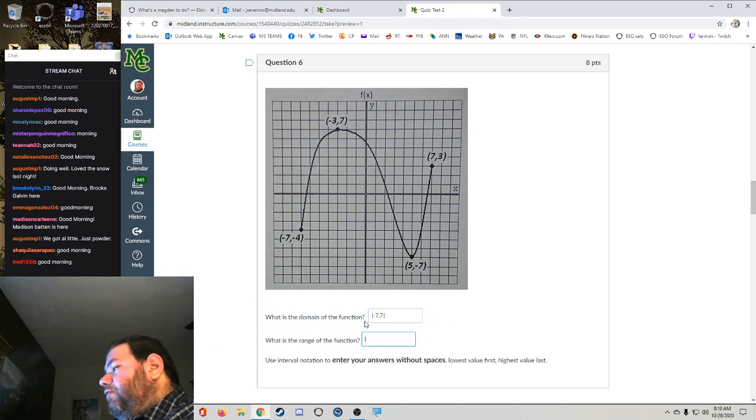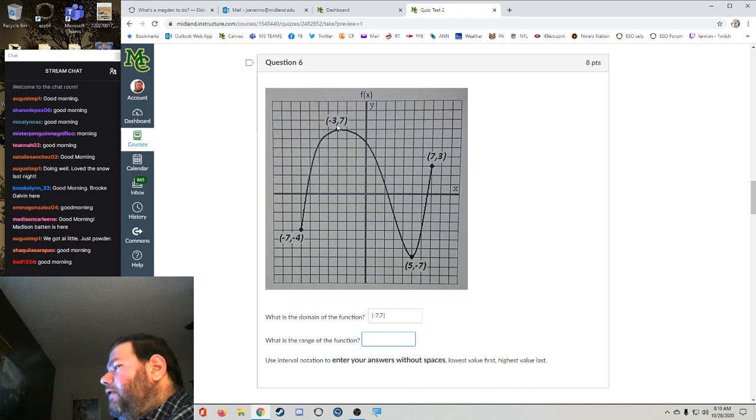Now the range, we look at the lowest y value and the highest y value. The people that got this question incorrect were still looking at these same two coordinates of the endpoints. I think negative 4 to 3 was the answer I saw most often for the incorrect ones. And I can understand the reasoning there because you're still looking at the same coordinates.